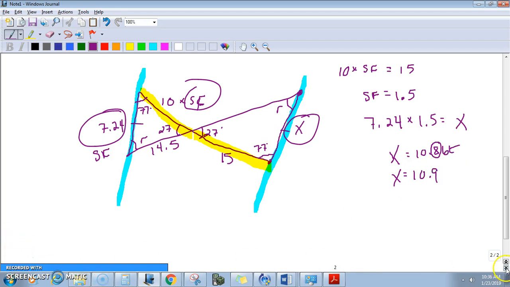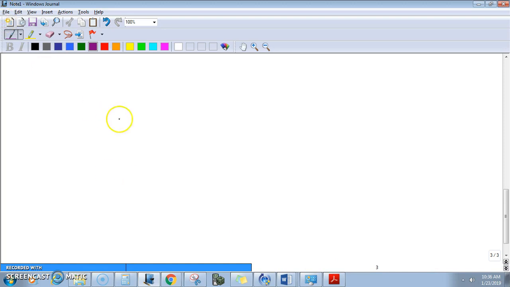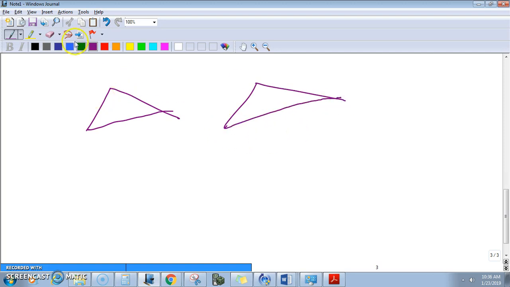All right. Then another question gives you two triangles that are similar. Let's say here's one, and here's the other, and you can tell that this side and this side correspond, and then we can tell that here and here correspond.